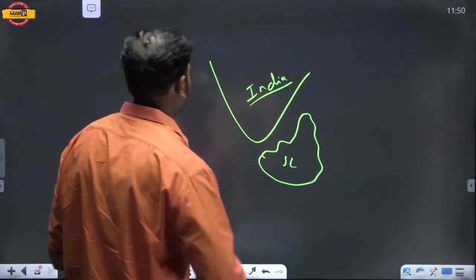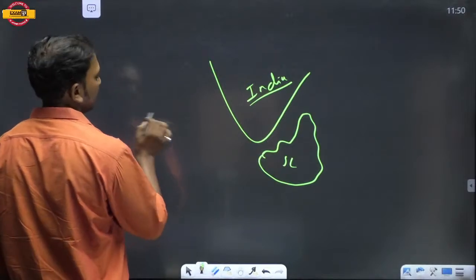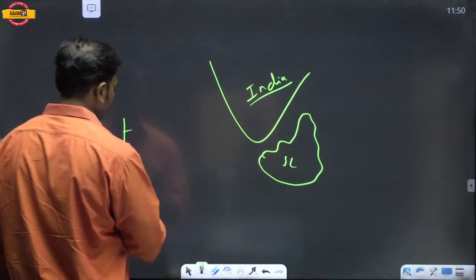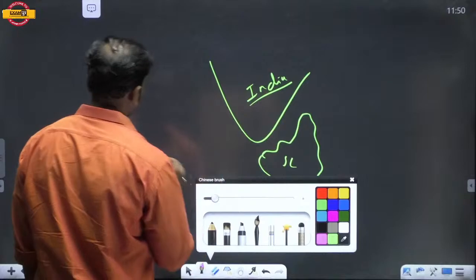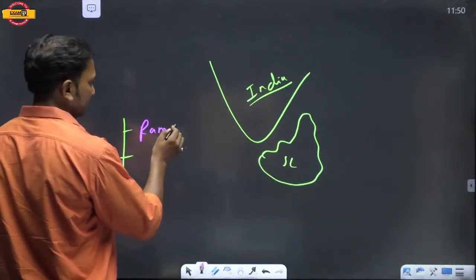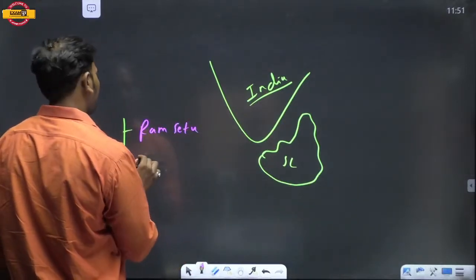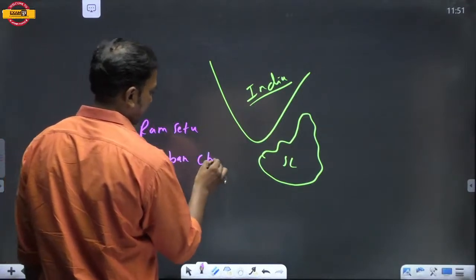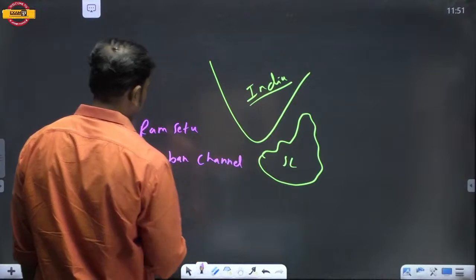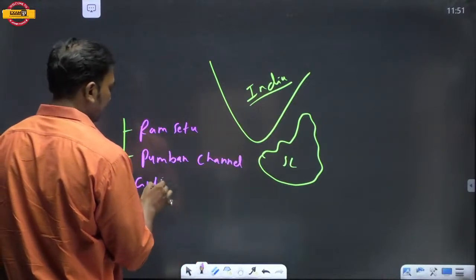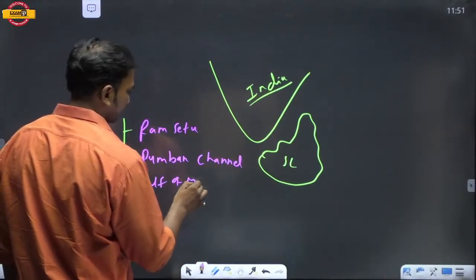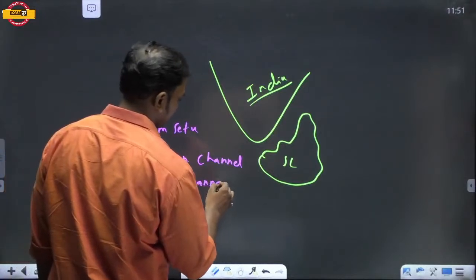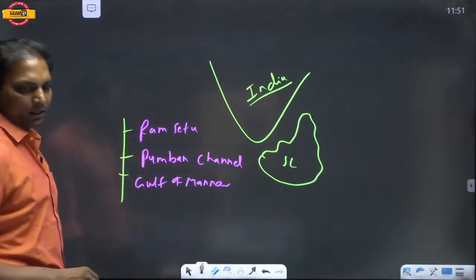So how is Sri Lanka separated from India? Through the Ram Setu, the Pamban Channel, and in between is the Gulf of Mannar also.